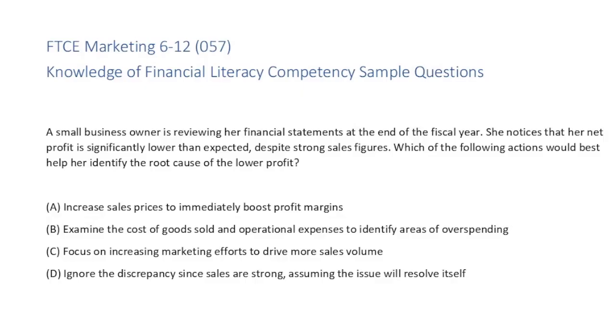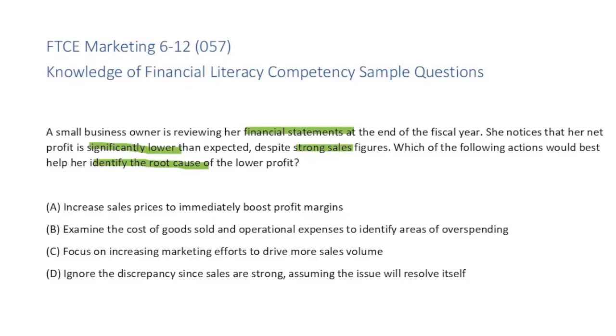Again, we want to keep in mind that for the question, we're dealing with a small business owner. She's looking at her financial statements from the year end. She's noticing that her net profit is lower, not just lower, but significantly lower than what she had expected, even though she had strong sales figures. What would help her identify the root cause of the lower profit? If net profit is lower than expected despite strong sales, the issue likely lies in the cost structure.